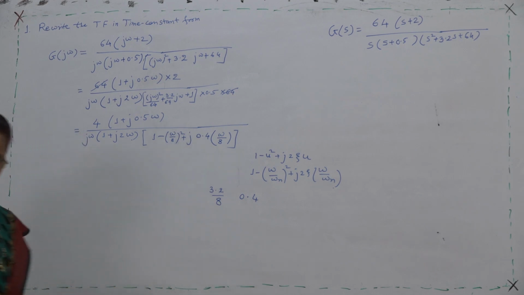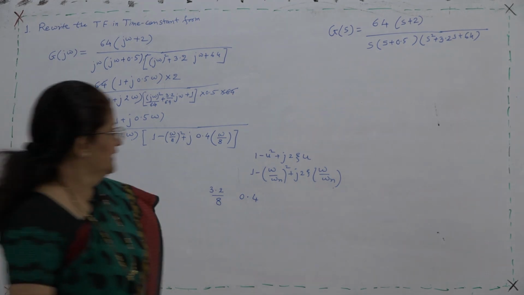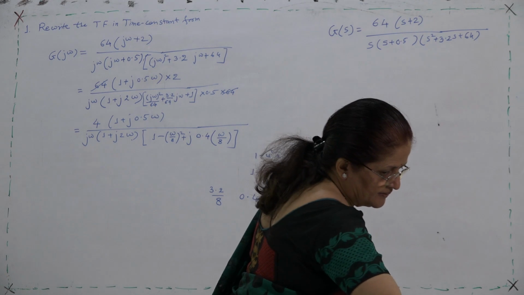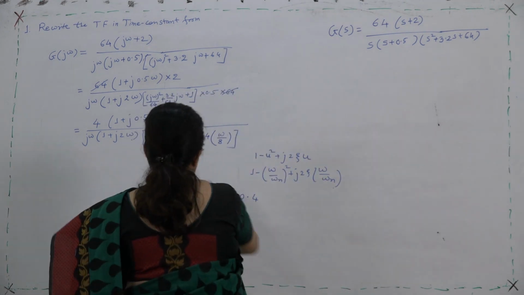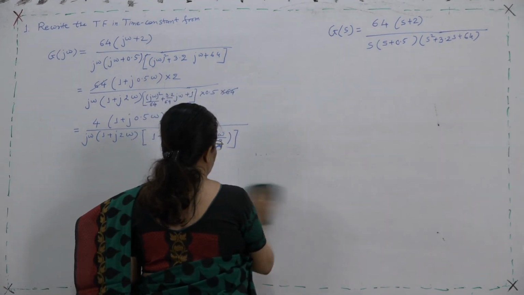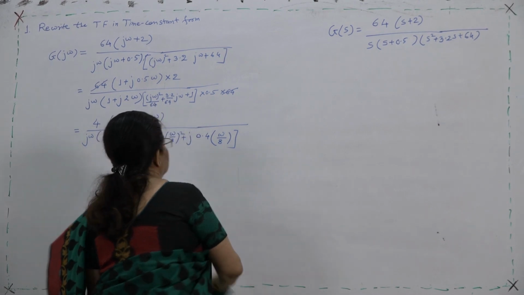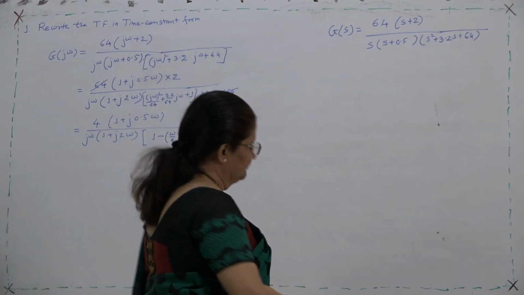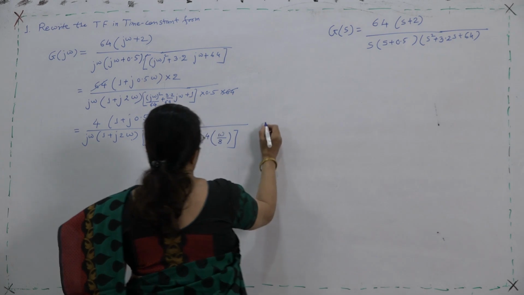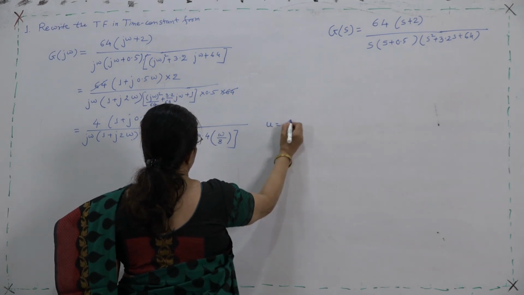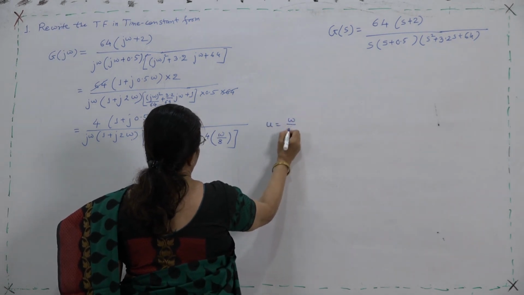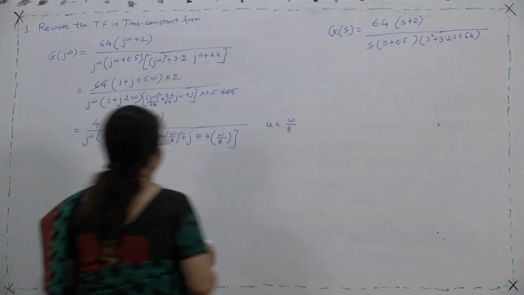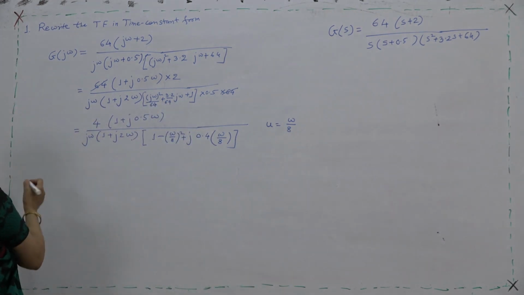So, what is u here? U you will get is omega by omega n. So, u is equal to omega by 8, and then you can write it in terms of u. Okay.